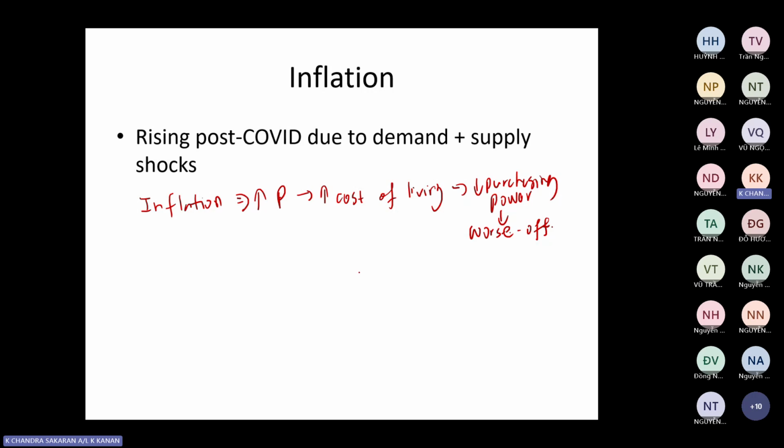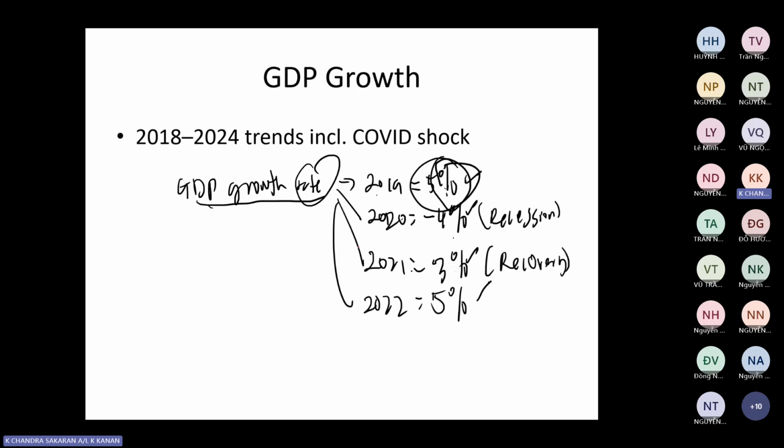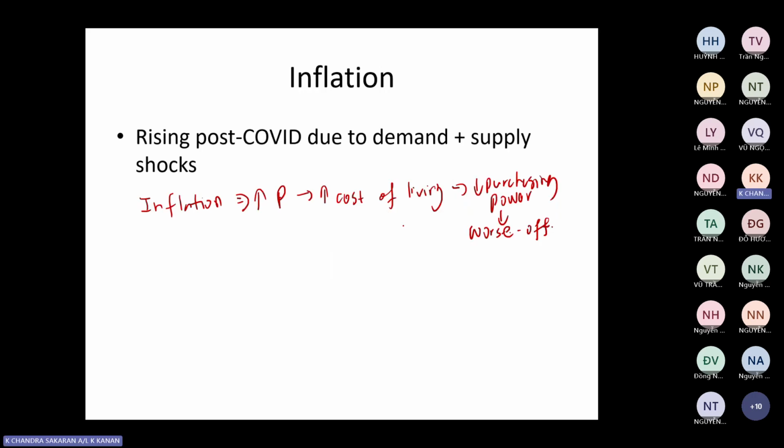So if you look at the COVID period, you will find GDP growth all negative. Price may be going up because of supply problem. I think you have to look at the price also.